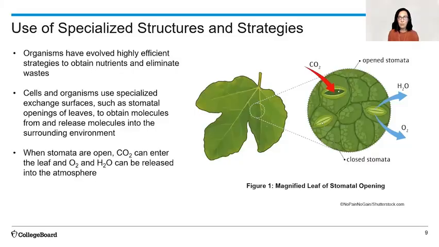So in our image, we see that when the stomata are open, CO2 can enter the leaf and oxygen and water are being released into the atmosphere. I do want to point out, though, that when stomata are open, this image just shows CO2 coming in, but oxygen gas can also come in. It's a two-way flow. So oxygen and CO2 can come in just as much as oxygen and CO2 can be released from these openings.